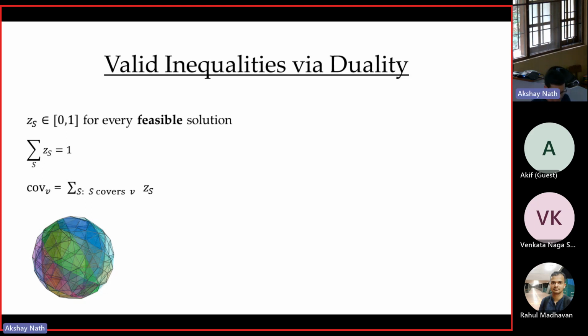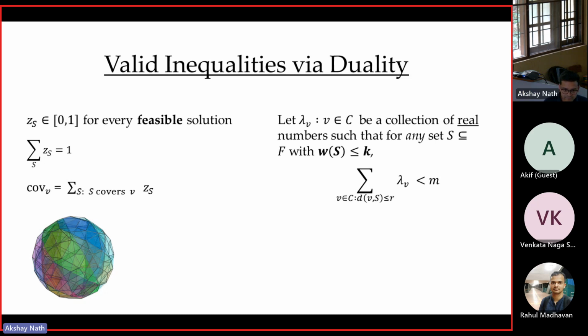How do they look? Lambda v's here are coefficients. If you take any feasible solution S in F with weight at most the scale, and I sum up the lambda v's of all the clients covered by the solution, if that number is less than n.